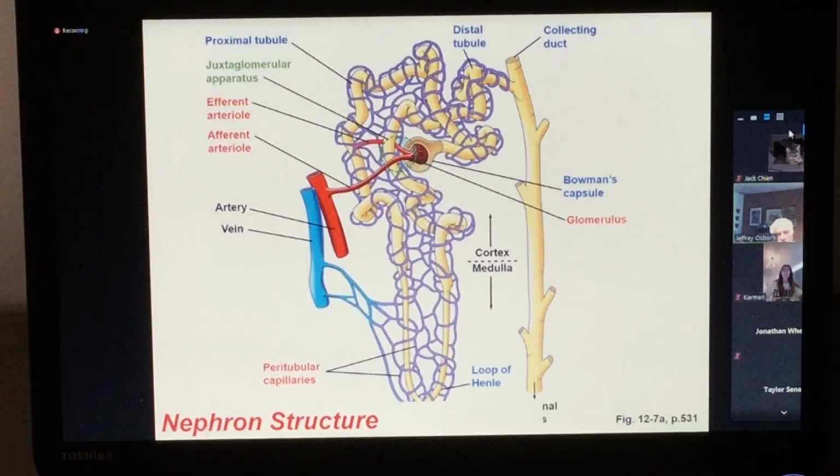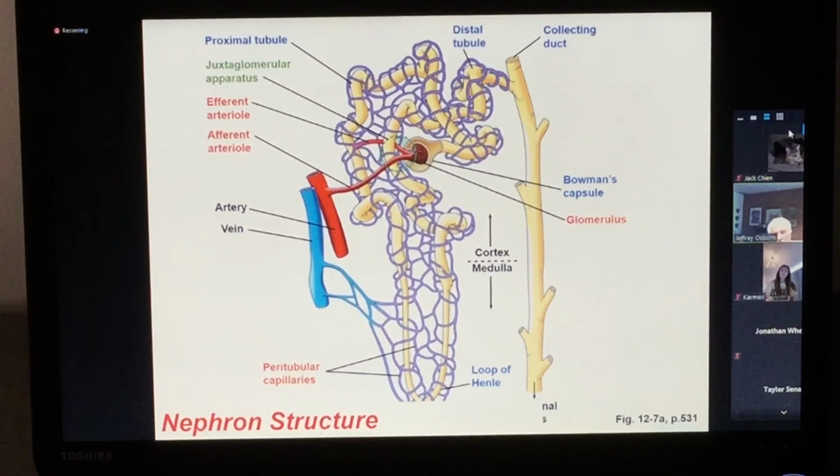In other words, this nephron that's coming from its own glomerulus and its own Bowman's capsule can talk to the afferent and efferent arterioles and tell that glomerulus and that Bowman's capsule what's happened in that proximal tubule, in that loop of Henle, and in that medullary thick ascending limb in terms of sodium chloride reabsorption, in terms of water reabsorption, and in terms of how much tubular fluid flow is going to itself.